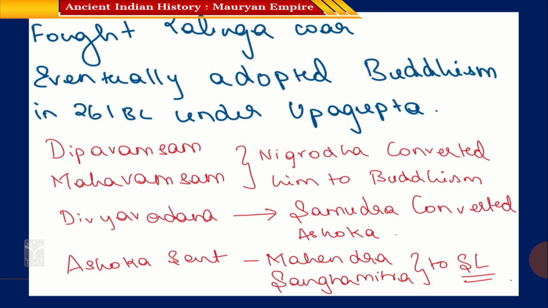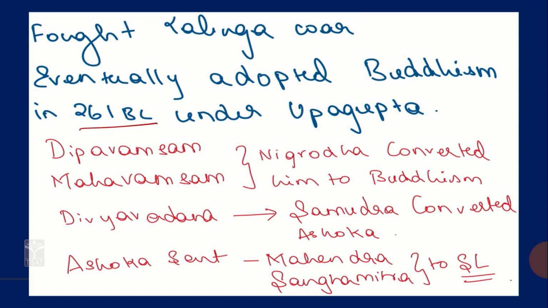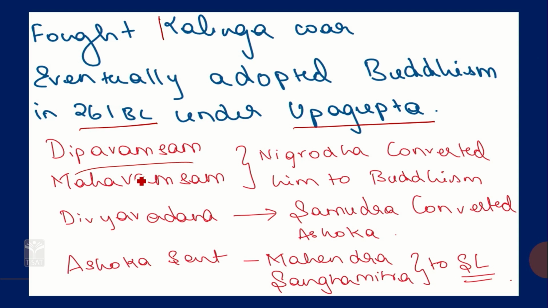And Ashoka, as I said, also fought the Kalinga War from 268 BC to 261 BC. It is believed that Upagupta was the Buddhist monk who converted Ashoka from his Ajivika belief to Buddhism. The Sri Lankan books say it was Nigrodha.